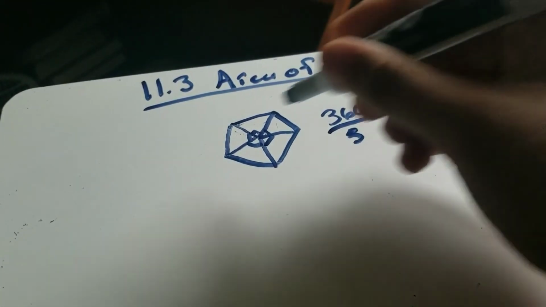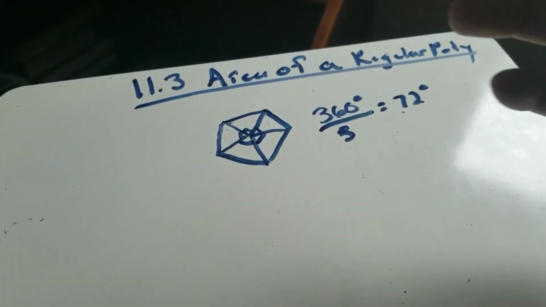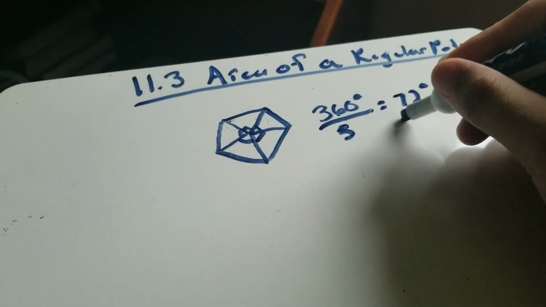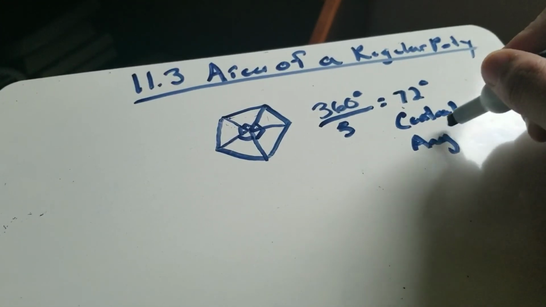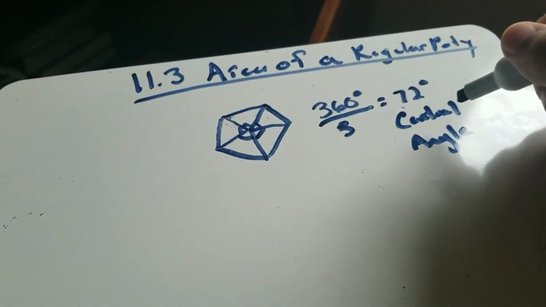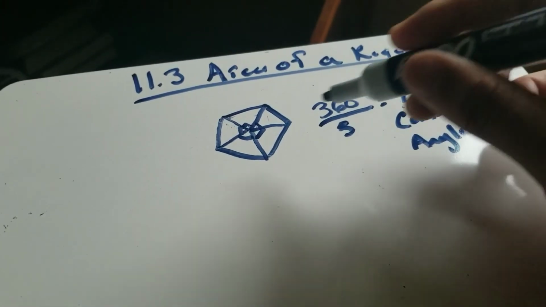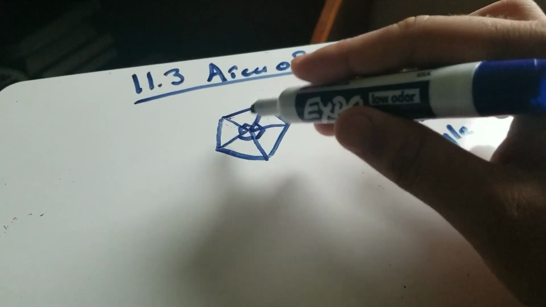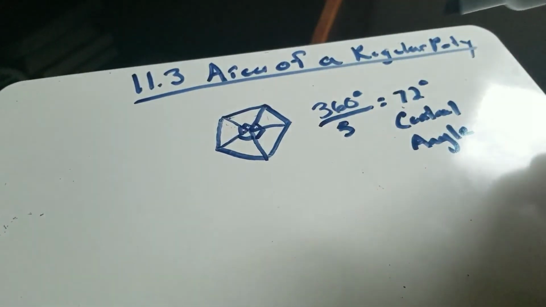This 72 degrees is the angle on the inside, or the angle coming from the center. So this is a central angle. Okay? So this 72 degrees is a central angle to this pentagon.